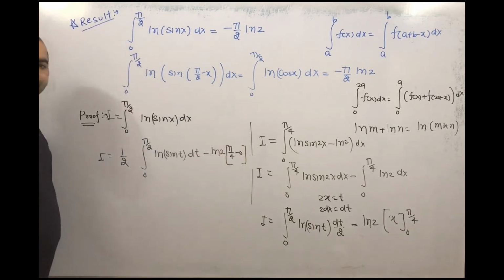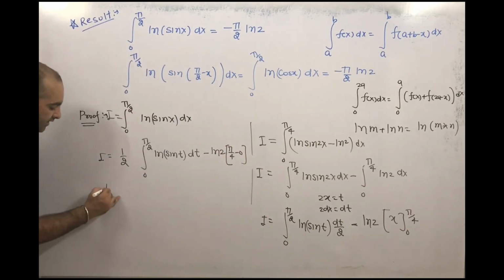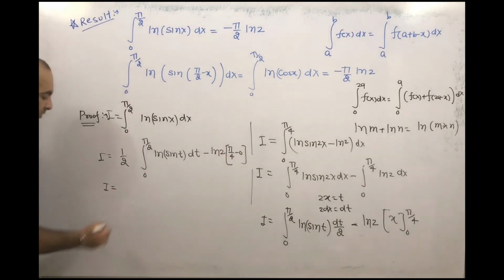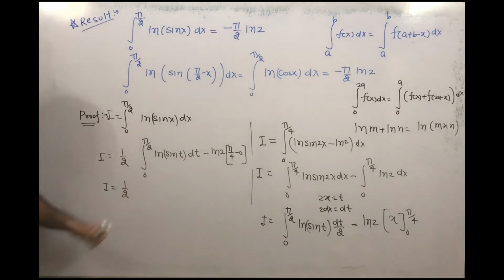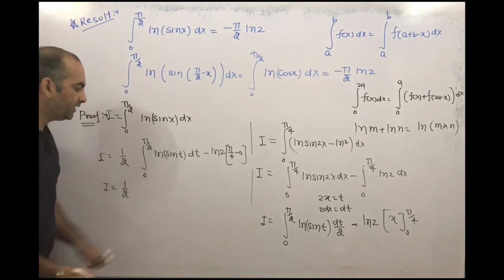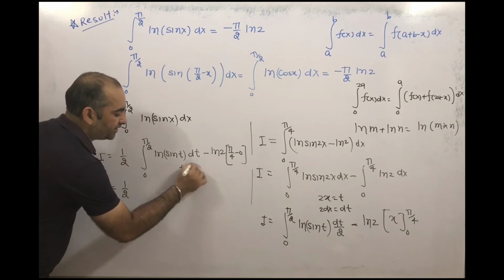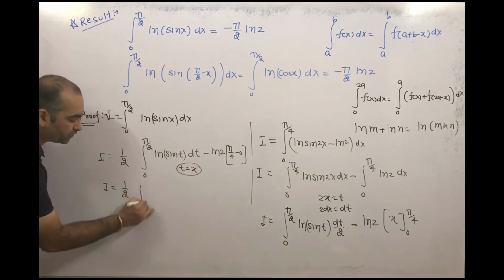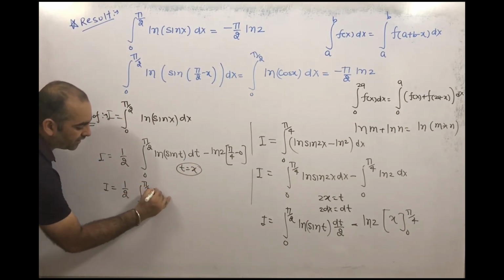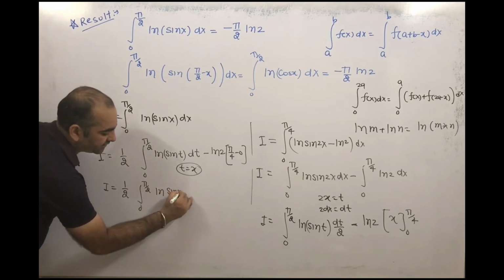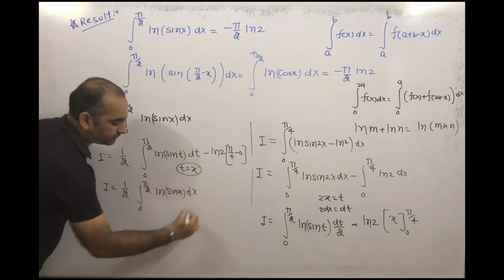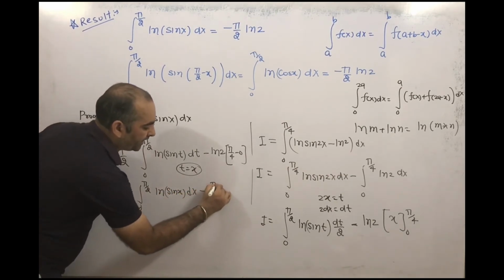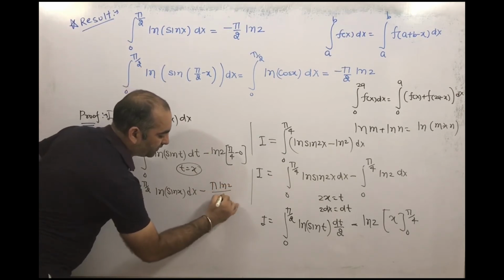Now instead of t, if I put x, there is no change. So I equals 1 by 2 times integration 0 to pi by 2 ln sin x dx minus pi ln 2 divided by 4.